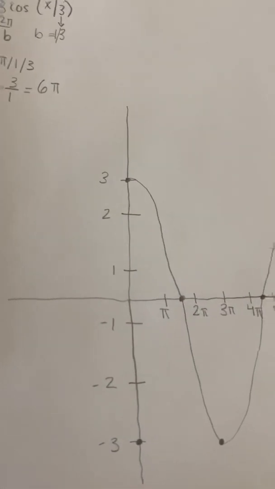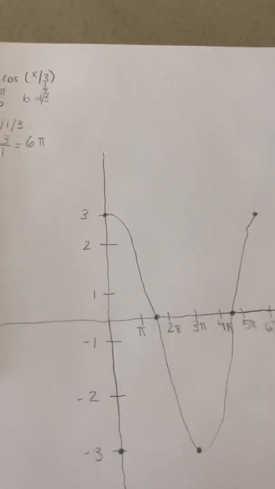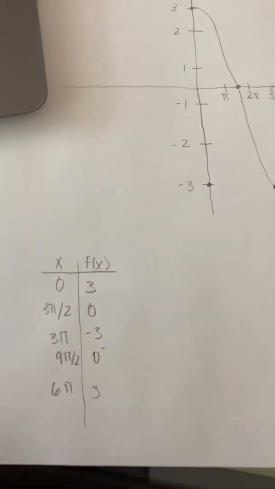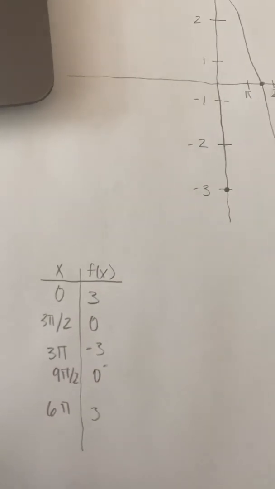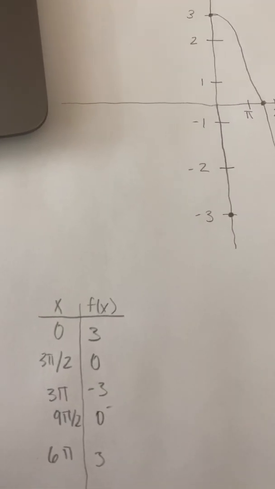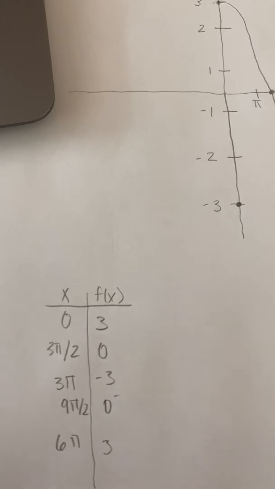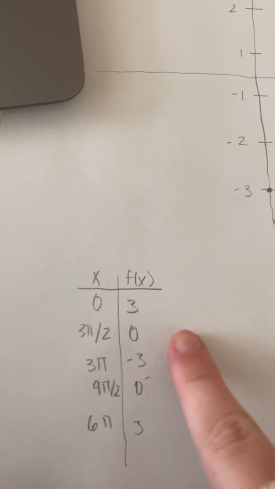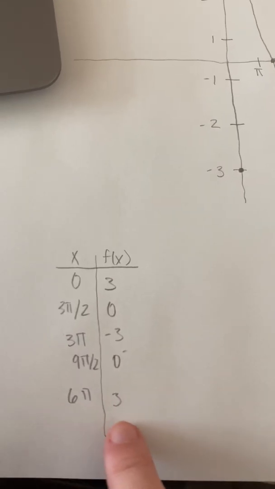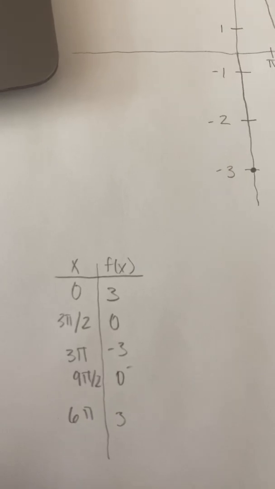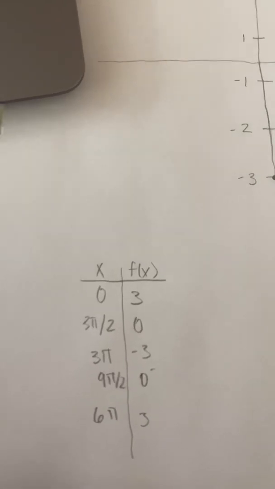Then I went ahead and graphed the equation, and I made this chart of values from what we know. Because it's cosine, it's going to start on the maximum value, and we know our period is going to end back at our maximum value, and our period is 6 pi.